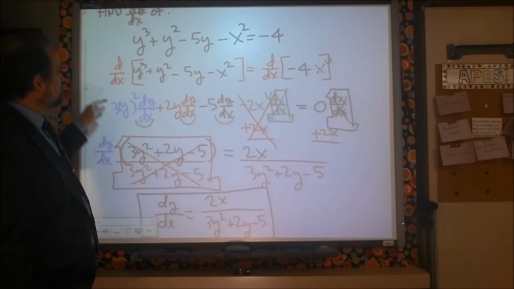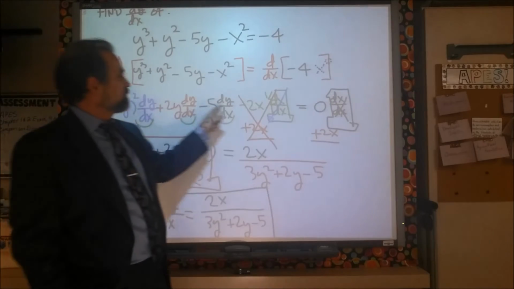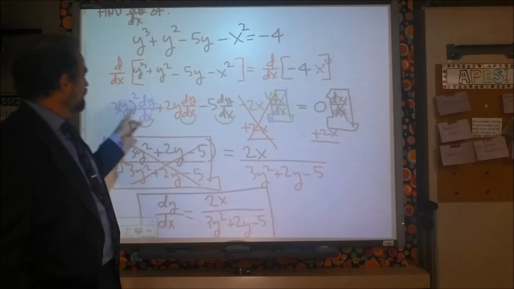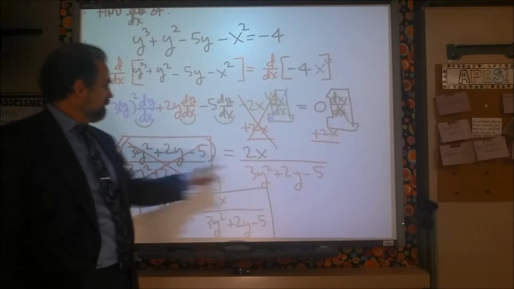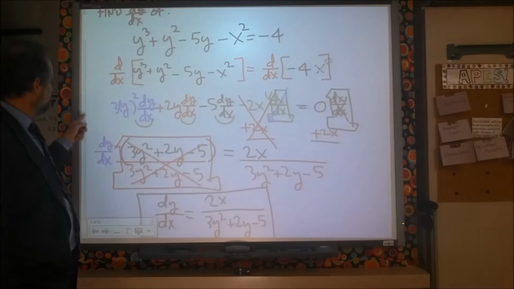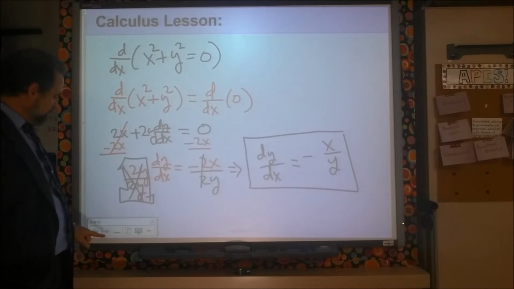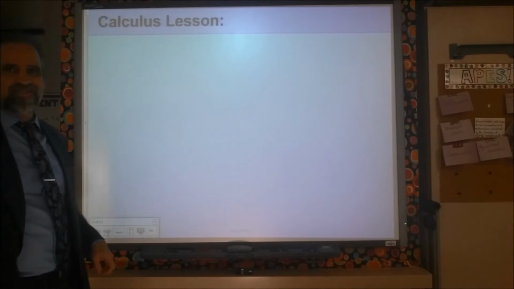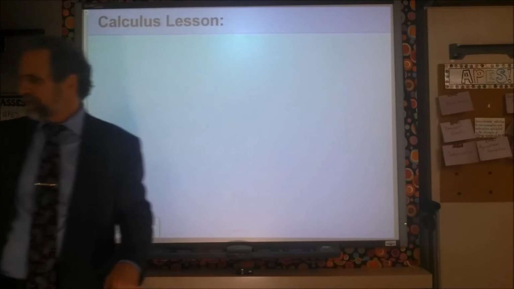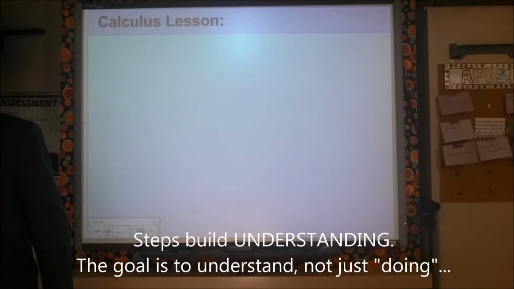Once I factor everything out, I could have basically written the 2x over here, and then everything I was going to factor out underneath of it. You see it? So it's really kind of quick algorithmically after a while once you see how it works, but I want you to do it with the steps. Okay? I want you to do it with the steps.